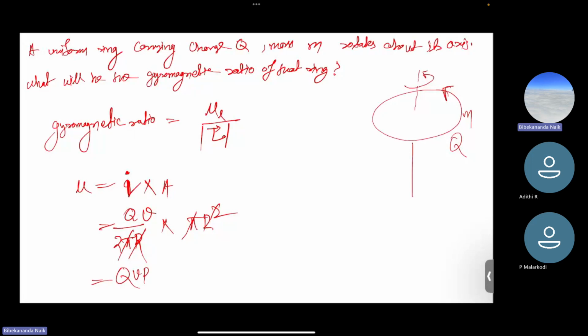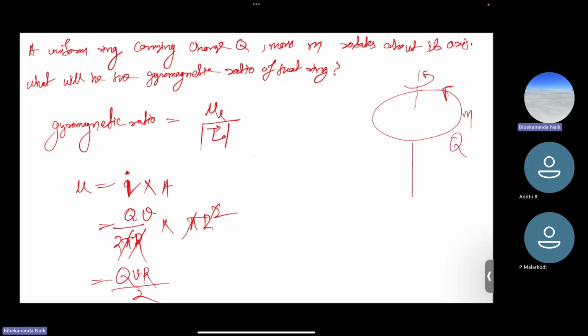V R by 2. However, if you talk about Bohr's postulate, L we know is mvr, equal to nh by 2 pi. Or we can put L equals mvr. So vr is L by m.